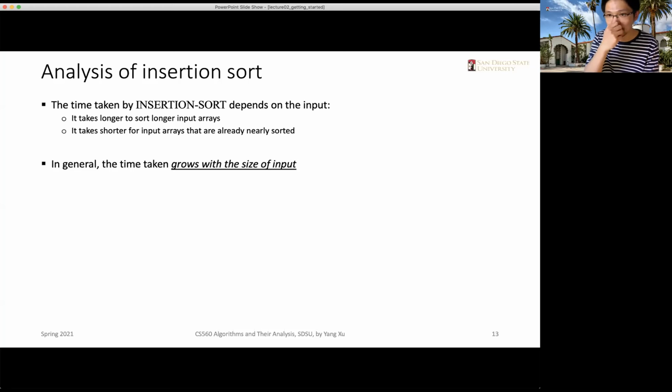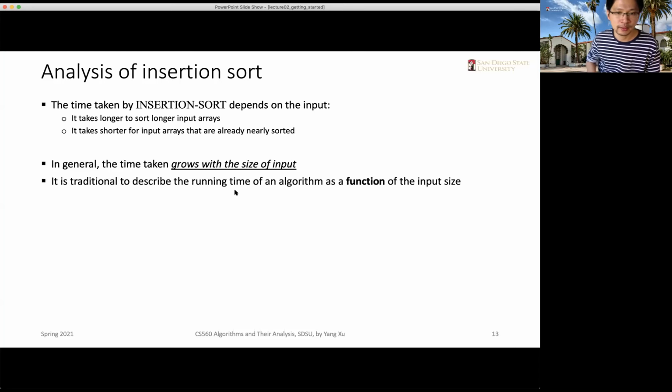We also want to know, if the input grows to 200, what would be the new running time. So it's really a function that we should use to describe the running time of an algorithm, and this function takes the size of the inputs as input.